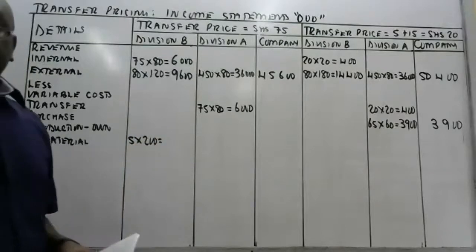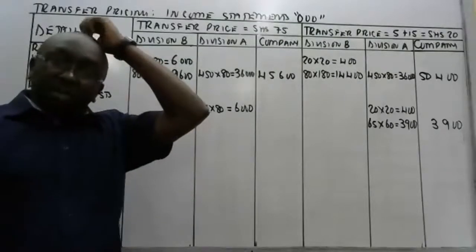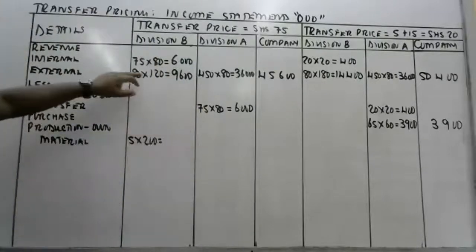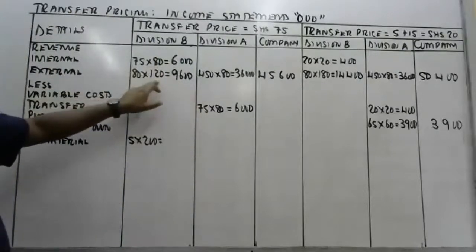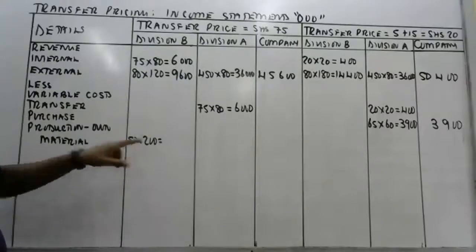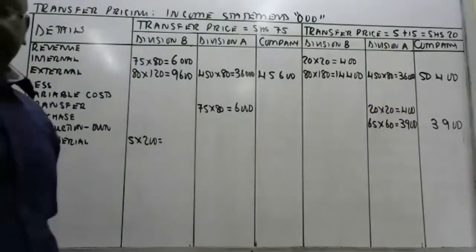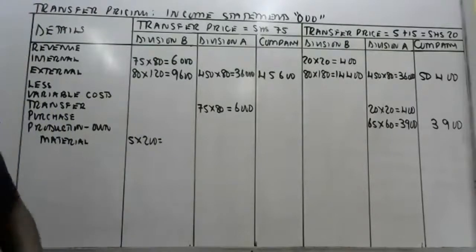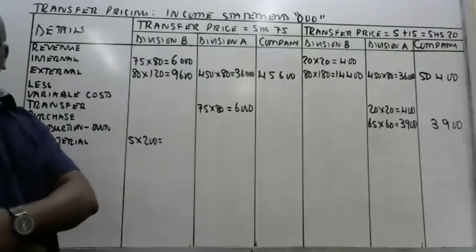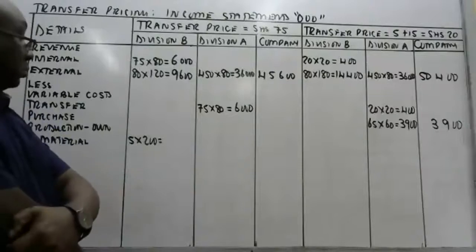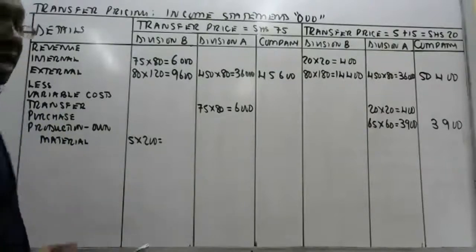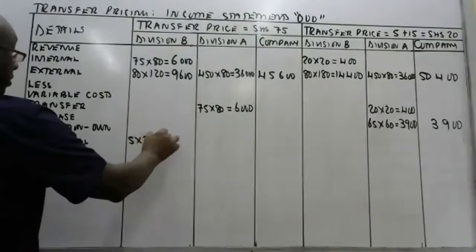Remember, B will have produced 200 units, this 80 plus this 120. So 5 times 200 is what? 1,000. Good.